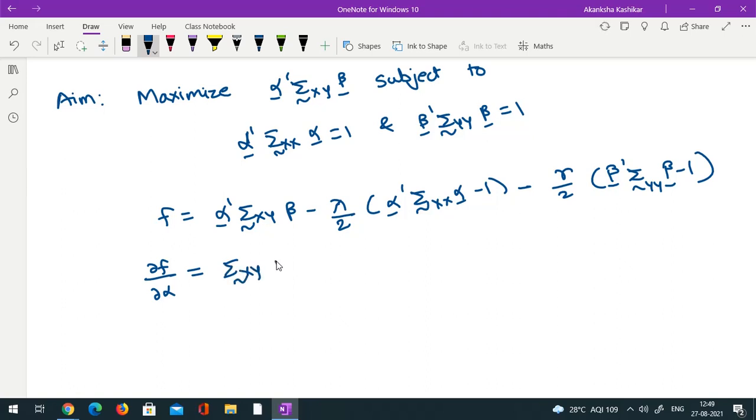Sigma xy beta minus lambda by 2, derivative of this will be 2 times sigma xx alpha minus 1, and the third term won't contribute. Am I correct, or is there any mistake in the derivation?